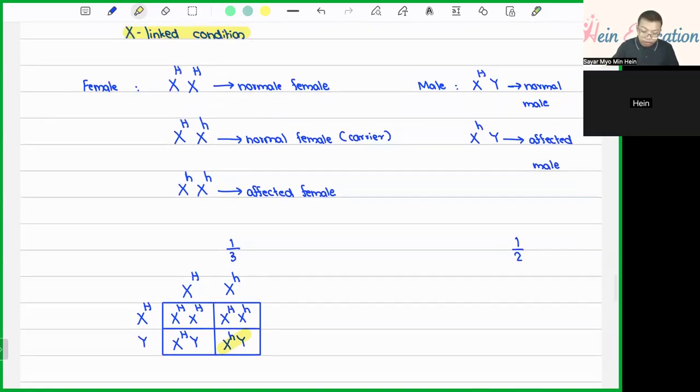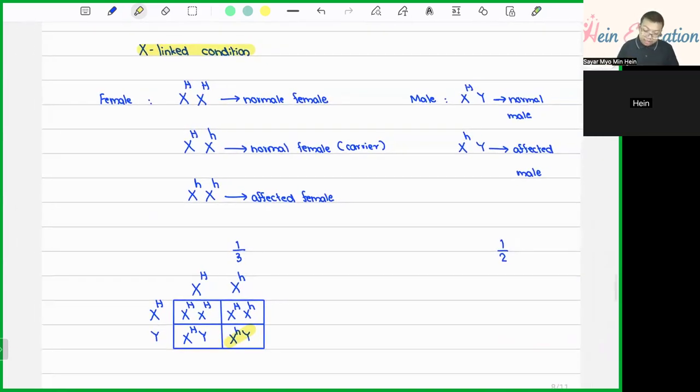Overall, this will be an X-linked condition, where the gene is carried on the X chromosome. And you can see in this case, for a female there is a 1/3 chance of getting the condition, but for a male it would be 1/2, which is 50%.